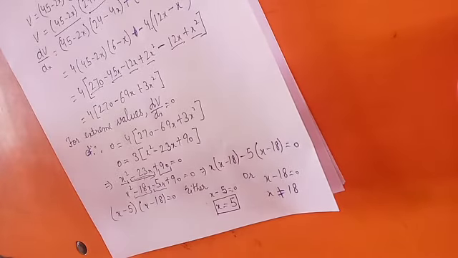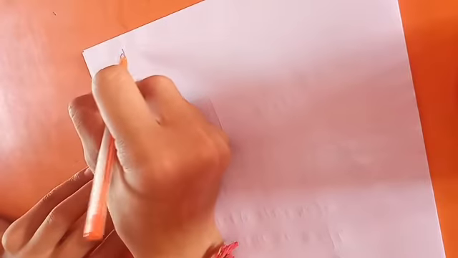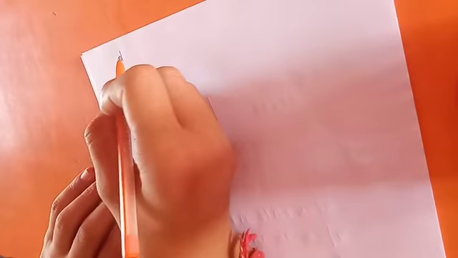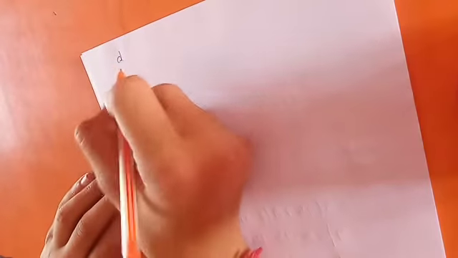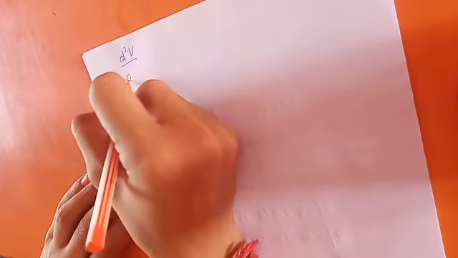Now we will check whether at x equal to 5 we will have our maximum value or minimum value. Means we have to do the double derivative. Double derivative means d square V by dx square.